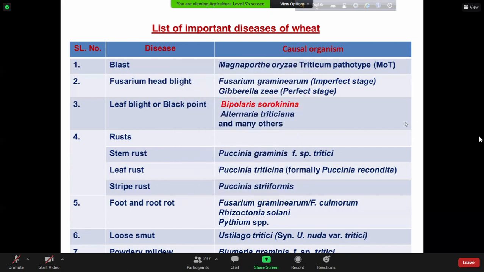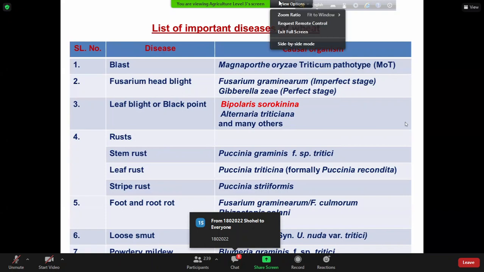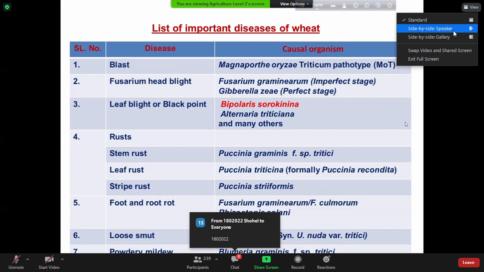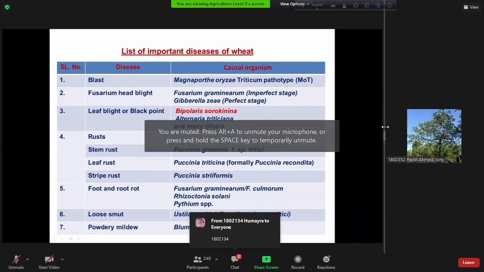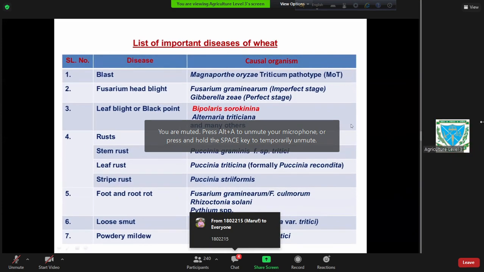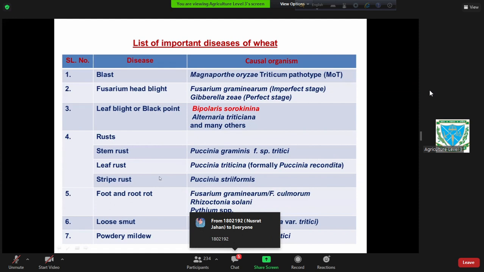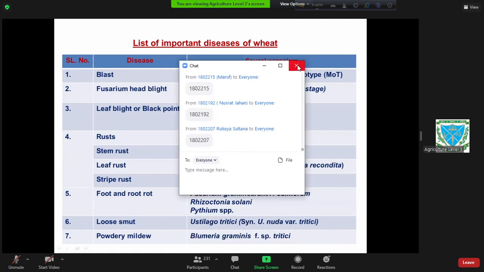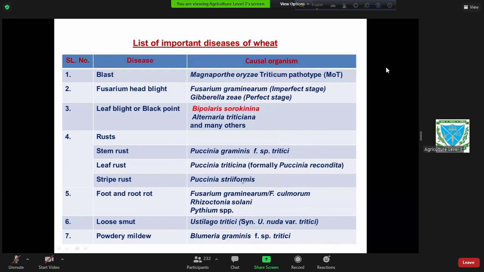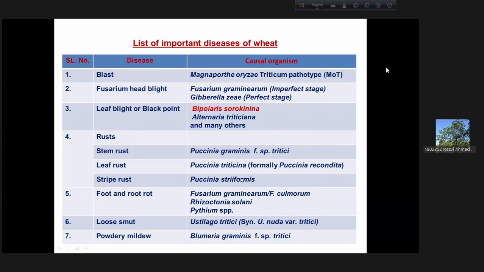Stem rust is Puccinia graminis f. sp. tritici, which can only attack wheat. Leaf rust is Puccinia triticina, formerly known as Puccinia recondita. Stripe rust is Puccinia striiformis.